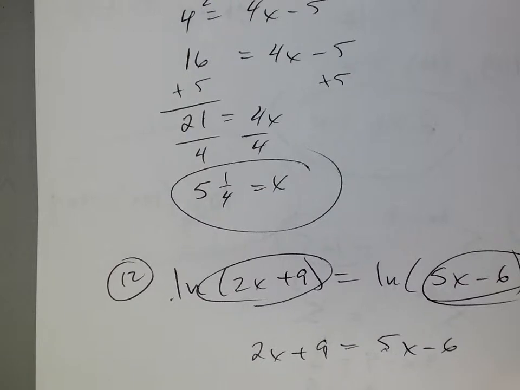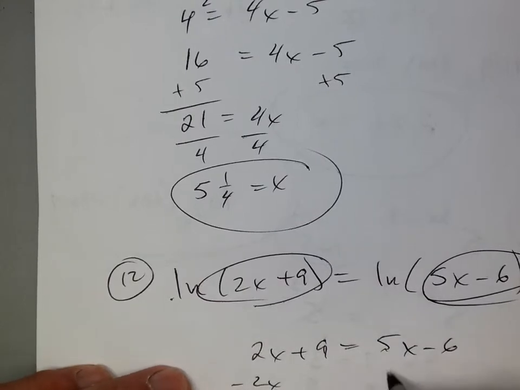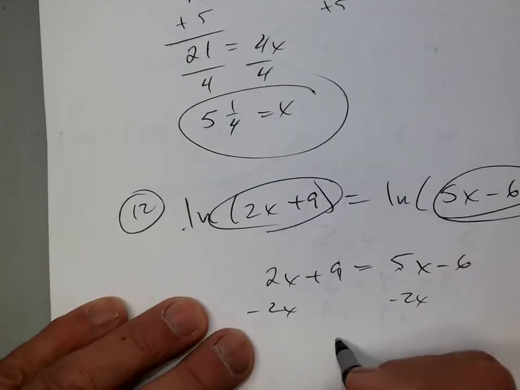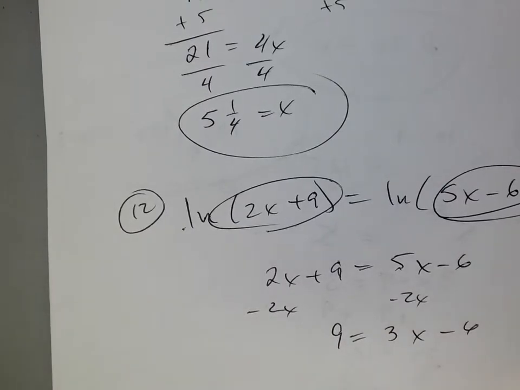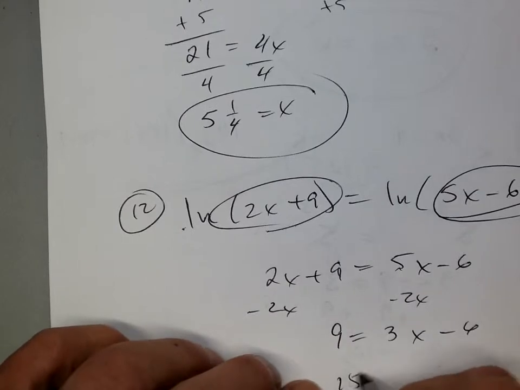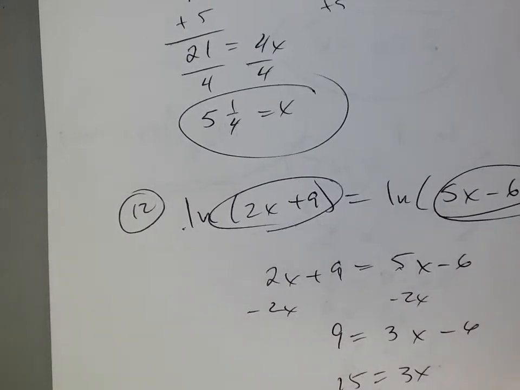All right, we'll take them both to the e power, take them both to exponential form, you'll get it. All right, so minus 2x, minus 2x, 9 equals 3x minus 6, right? Plus 6, 15 equals 3x. Divide by 3.